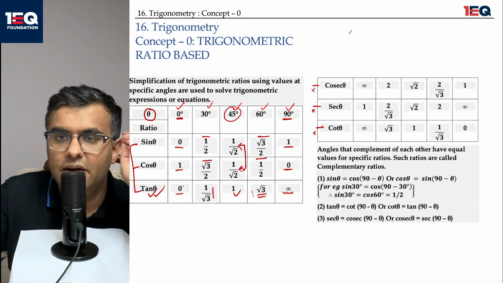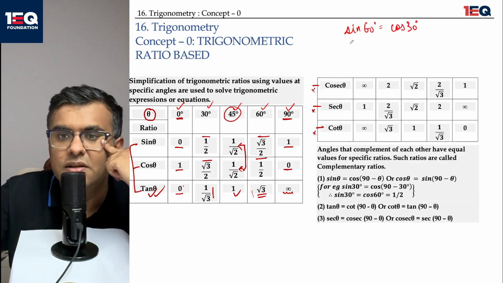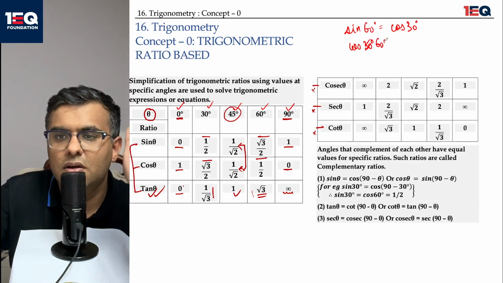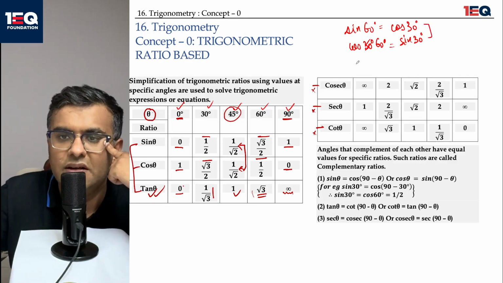We declared that the value of sine 60 degrees is equal to that of cos 30 degrees. Similarly, the value of cos 60 degrees is equal to that of sine 30 degrees. So there is a very peculiar pattern that is being followed.